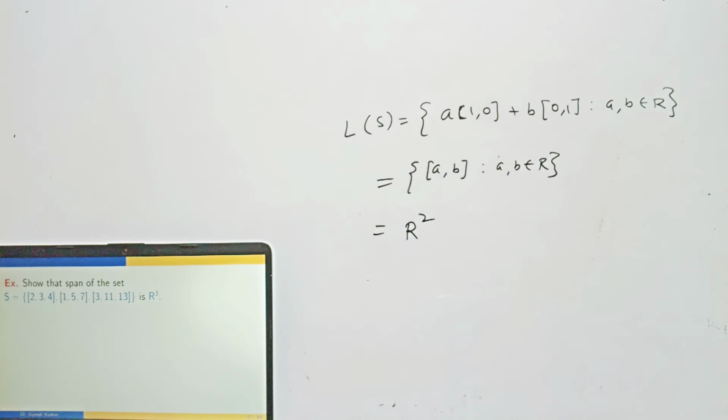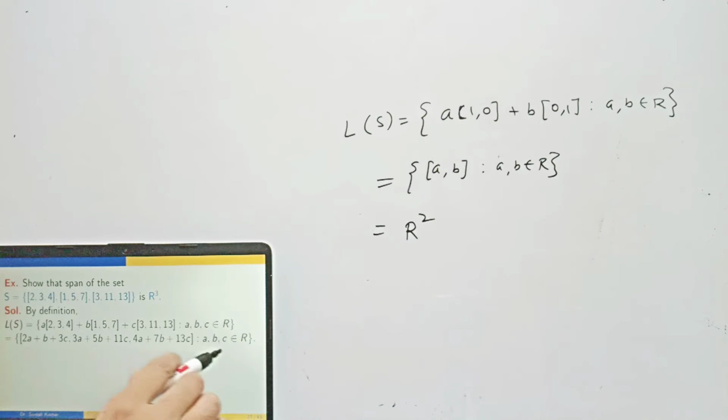Now what is the span of this set in R3? Again, you will write LS equal to a times (2, 3, 4), b times the second vector, c times the third vector. What do you get? You get this expression. It is fine. This is the linear span of S. But if you want to identify it in terms of some known set, then find the simplified span.